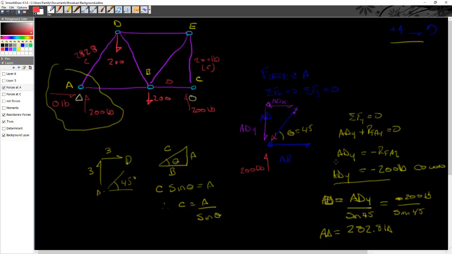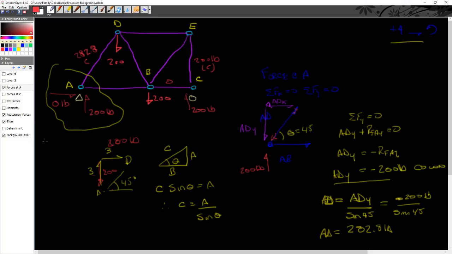Because of this sine 45 relationship, I know that this vector right here is 200 pounds, and that's just because it's a 45-degree angle.